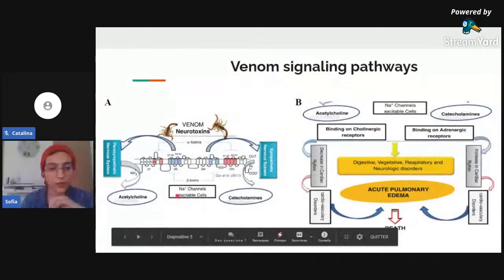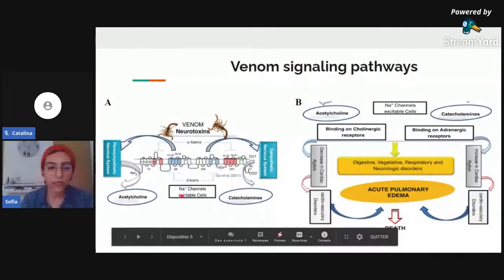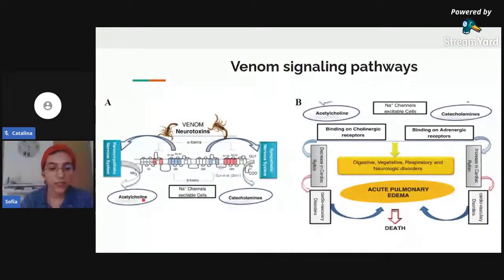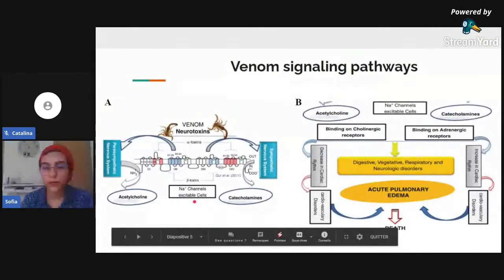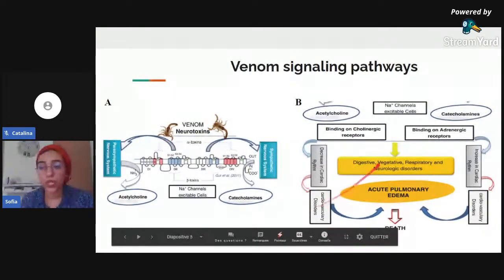They affect the parasympathetic nervous system or the sympathetic nervous one through the sodium channels, and thus by secreting the acetylcholine or the catecholamines that will respectively bind to cholinergic receptors and the adrenergic receptors, which will result in cardiovascular disorder and then an acute pulmonary edema, which may cause death.